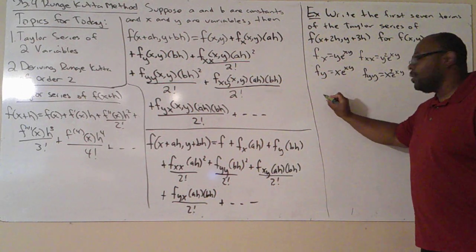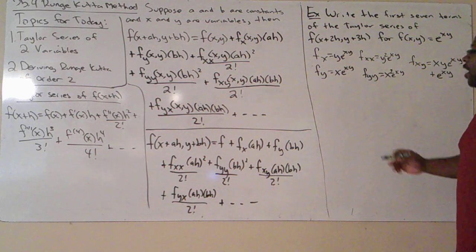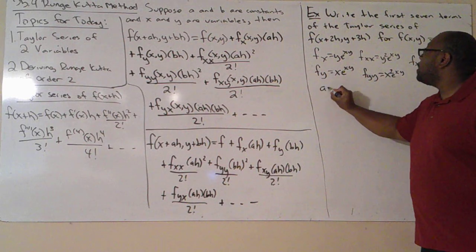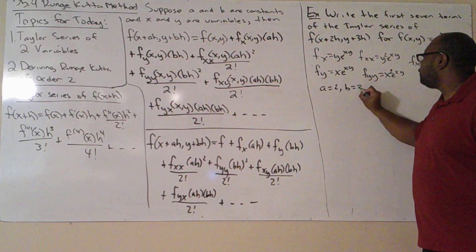So we have F, you see it, all this on camera, right? So A is equal to 2, and then B is equal to 3, right? So let's plug it in.